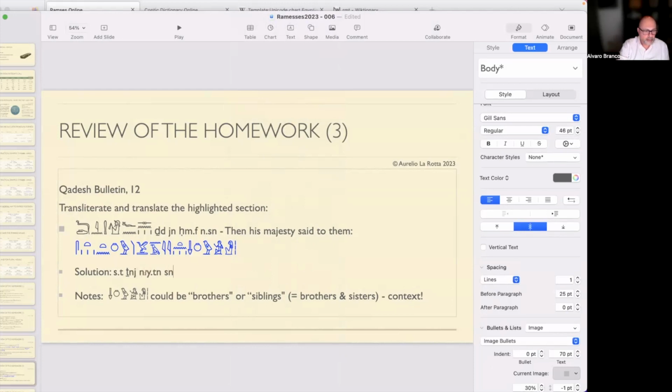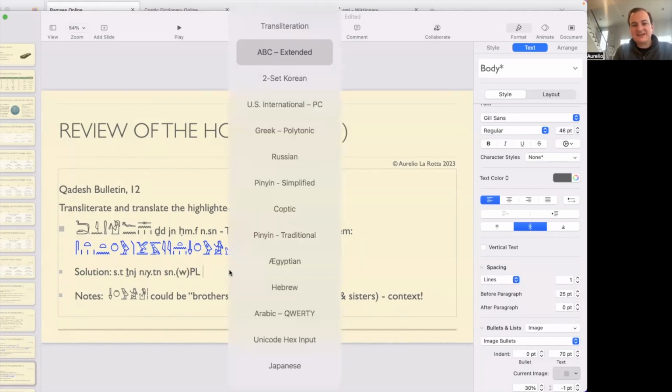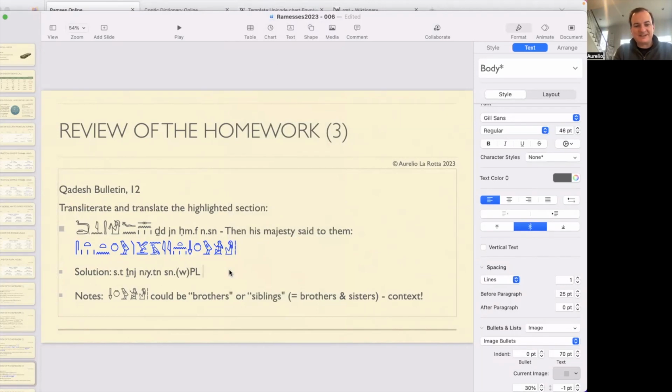That is correct. So where are your brothers? That is right. So yeah, where are your brothers? And that's it. And again, literally, if we want to do it that way, it is they were, namely your brothers, equals where are your brothers?